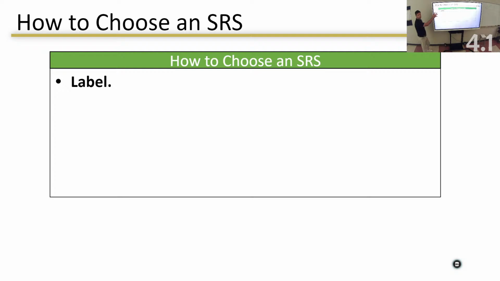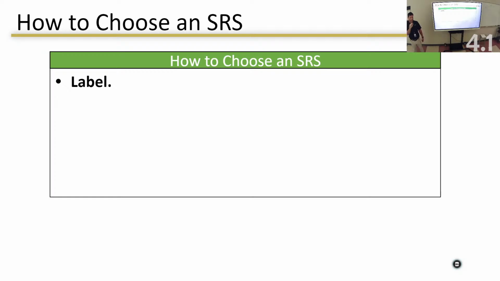So here's how you're going to do an SRS. You have to label them. How you're going to do it, I don't care. Put them in alphabetical order and number them from 1 through 25, whatever. However you're going to label them, you have to label them somehow. If they're already unique, you can use that. Every one of you has a unique number, a social security number or a student ID number.